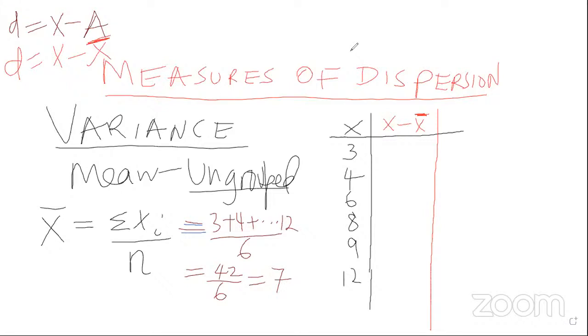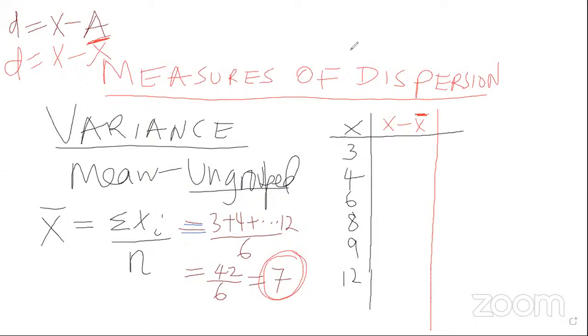Work out that deviation. What is x minus x bar? We worked out the mean for this group. Let's say it's a music group, and the mean is 7. After getting that 7, we want to work out deviations.